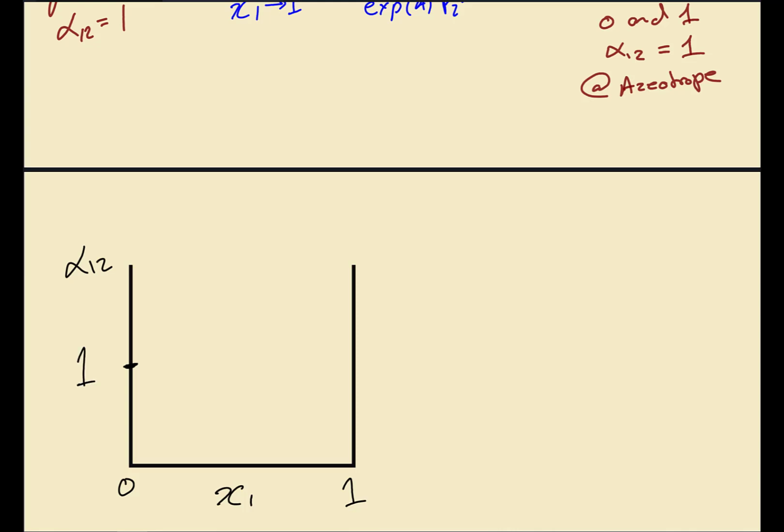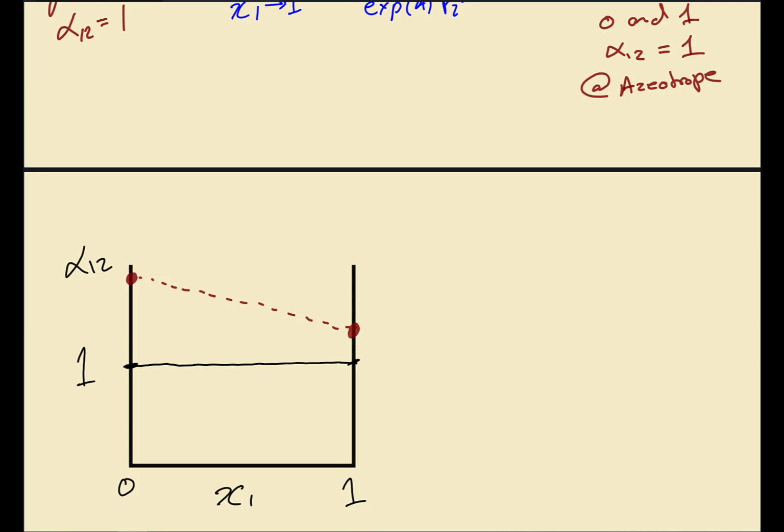So let's draw that as a black line, and this is my reference point. If I check the limits of alpha 12 at 0 and alpha 12 at 1, and I find they don't cross the 1 line, that means they probably look something like this. Let's say they look something like that.